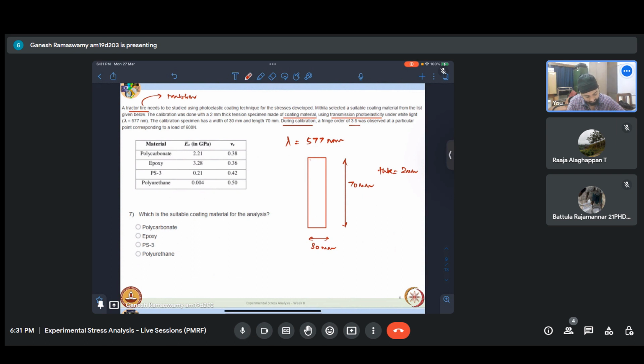Since this is in uniaxial tension, it doesn't matter where we look, sufficiently far away from the edges. Let us just take this point, and here the fringe order is found to be 3.5 when the corresponding load was 600 Newton. This 600 Newton was applied.